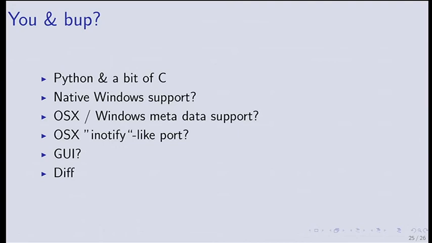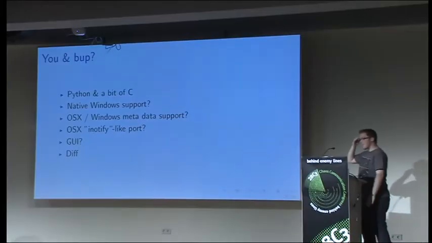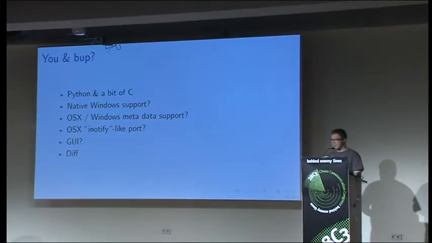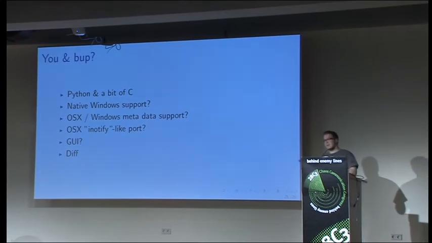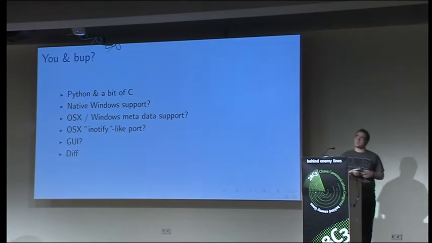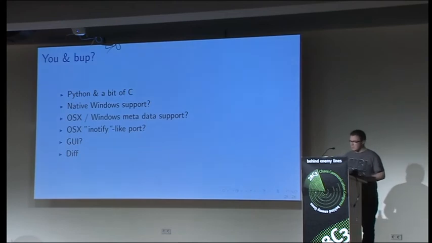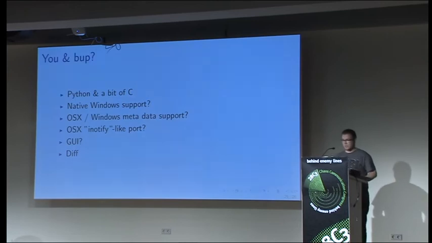We are pretty short on end-user interfaces. Like you saw in the examples, backing things up is an index step and a save step. This will probably get done with one command later, but we don't have a GUI, we don't have a nice diff. This is stuff that you can do if you want to.